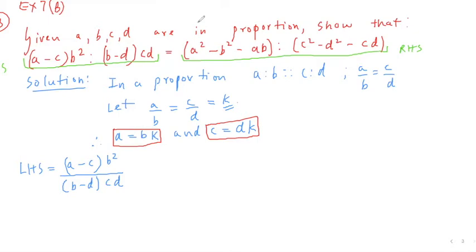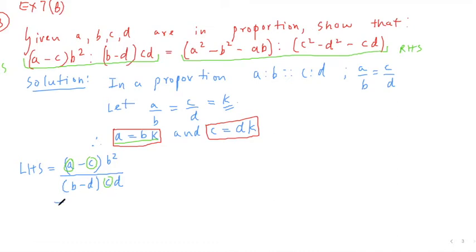Now all I'm going to do is substitute. Instead of A, I'm going to write BK, and instead of C, I'm going to write DK. Wherever A and C come, I'm going to substitute them. That's the three places that they appear.